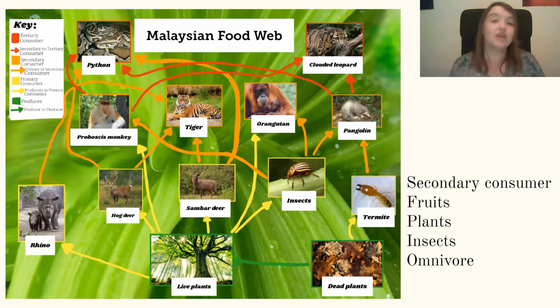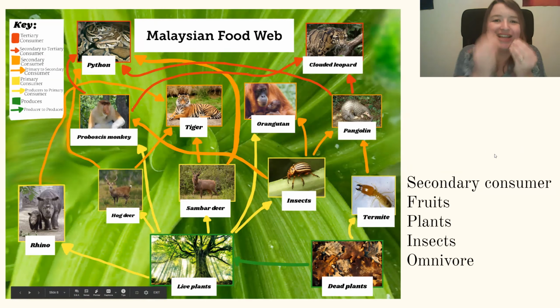So now that we know that we have an orangutan, let's have a look at a food web, a Malaysian food web. This is a place in Asia, and we can look at how this ecosystem works by looking at this food web. We can pick out a little bit more about our orangutan. So I have worked out the orangutan is a secondary consumer.